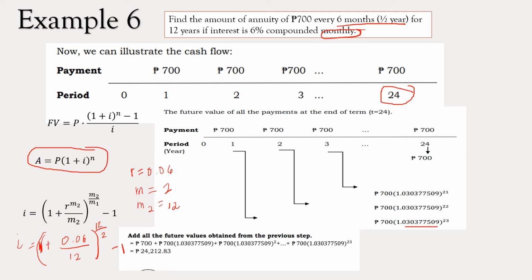So, again, ang i-add mo muna ay 1 plus 0.06 over 12, raised to 6, minus 1.